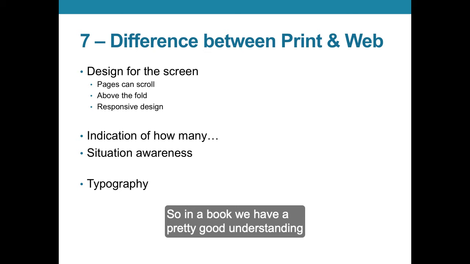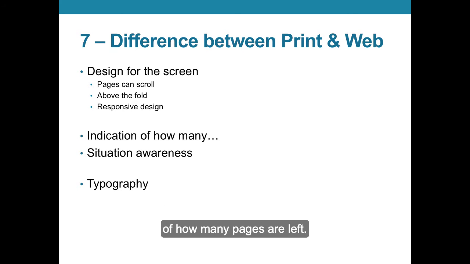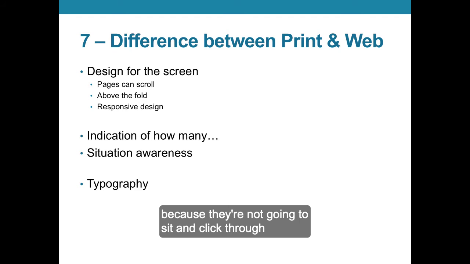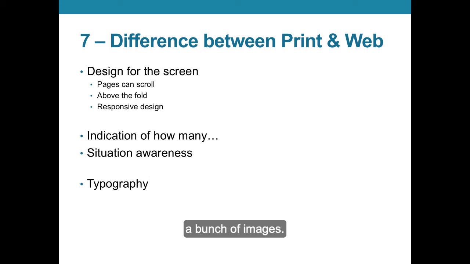So in a book, we have a pretty good understanding of how many pages are left. When we're going through a print portfolio, we can kind of tell we're about halfway, or we're just about to the end. When you're online and you just have a next or a previous button, you might not know how many are there. And it shows that people typically will just click a few and then they abort it because they're not going to sit and click through a bunch of images.